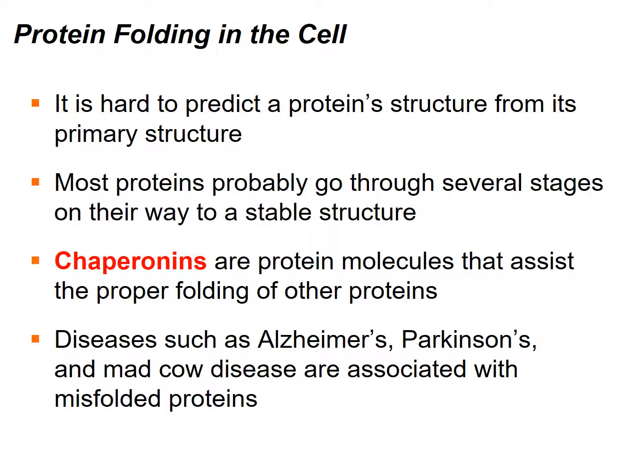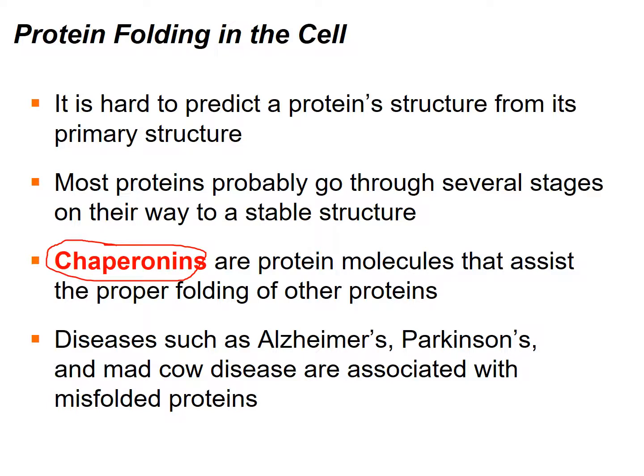Now, sometimes getting proteins, the polypeptide, to their correct shape may be a bit difficult. So, there are protein complexes known as chaperonins that will help polypeptides get to the correct shape, the correct folding, the correct twists and turns.